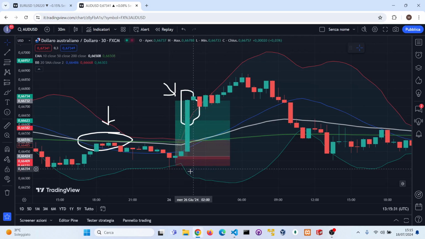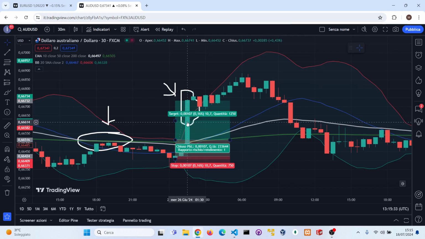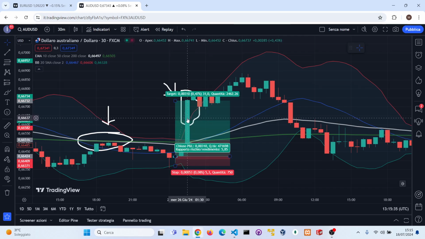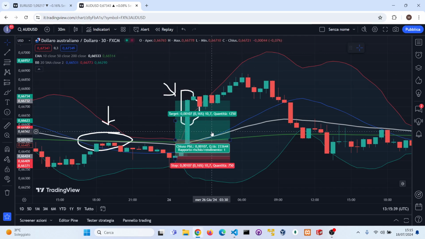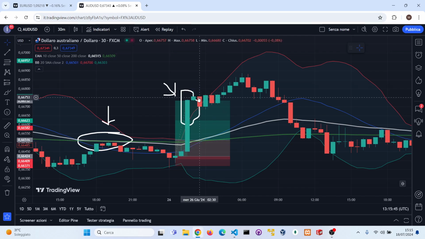But this strategy exits when the data goes above the Bollinger Bands up or the MA50 goes above the MA200. So I don't have a specific take profit or stop loss. I have a condition that must be respected before exiting the trade.